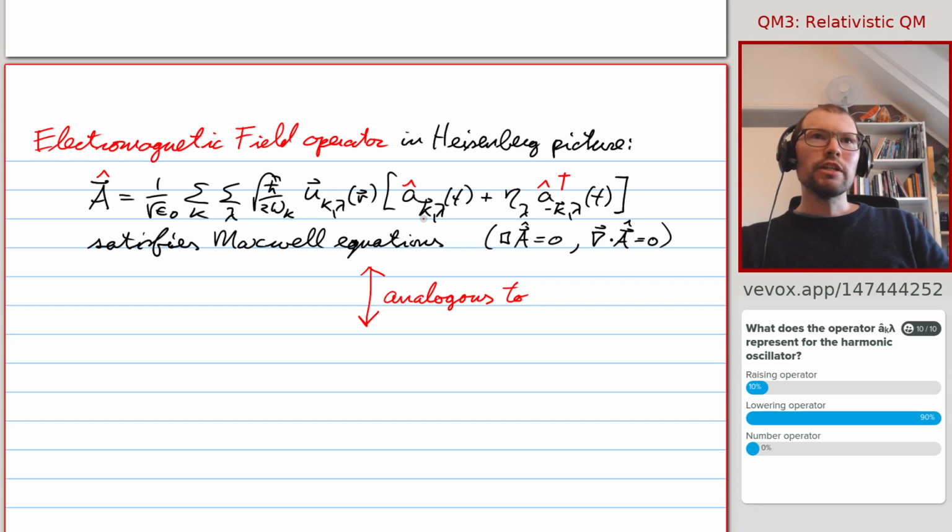But one can also Fourier transform this annihilation operator to something in position space. Does anyone remember what this looked like and what equation this Fourier transform of this annihilation operator satisfied in the Heisenberg picture?